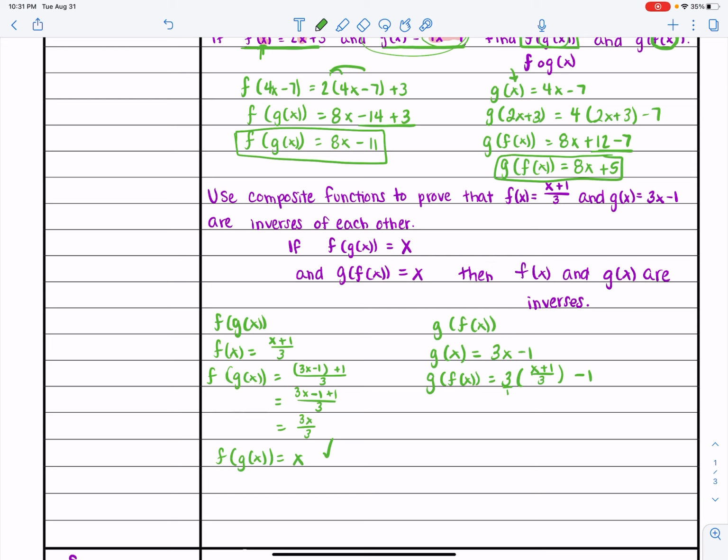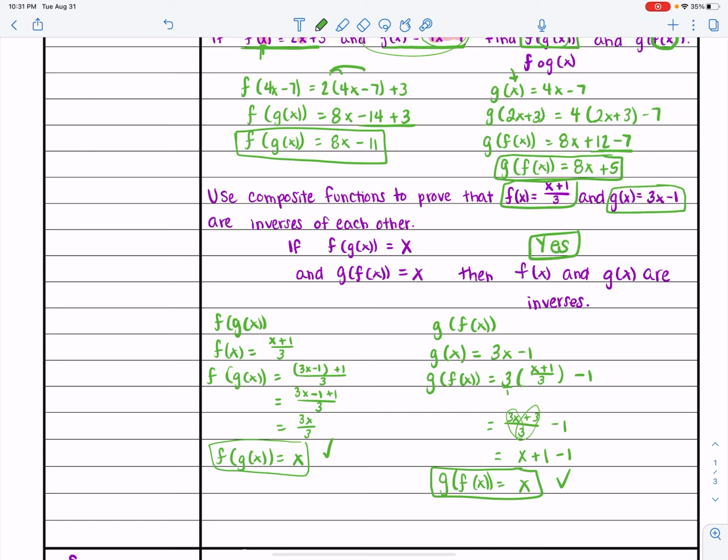So 3 times x is 3x. 3 times 1 is 3. All that is divided by 3 minus 1. 3x divided by 3 is a single x. 3 divided by 3 is 1 minus 1. Negative 1 and positive 1 cancel out to 0. So I end up with g of f of x equals x. So because both of these came out to be x, then I can say yes, these two functions are inverses of each other. And that's it.